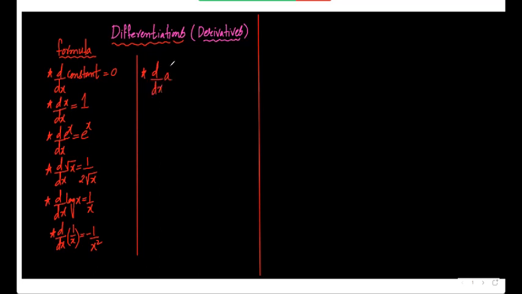Any constant whose power is x can be written as a power x into log a. Then we have trigonometric function derivatives also. So write in a different color, d by dx of sin x. Sin x derivative is equal to cos x.